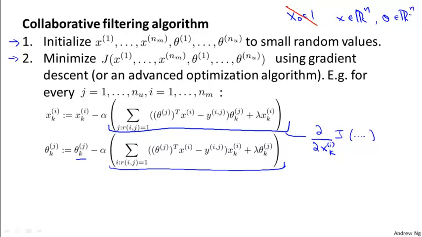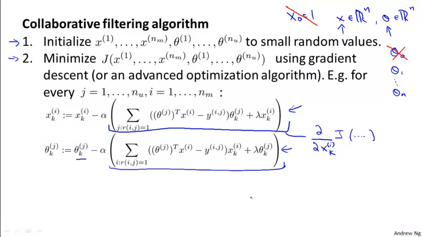And in this new formalism, we're regularizing every one of our parameters theta and every one of our parameters x, and there's no longer this special case theta0, which was not regularized compared to the parameters theta1 down to theta_n. Okay, so there's now no longer a theta0, which is why in these updates I did not break out the special case for k equals 0.